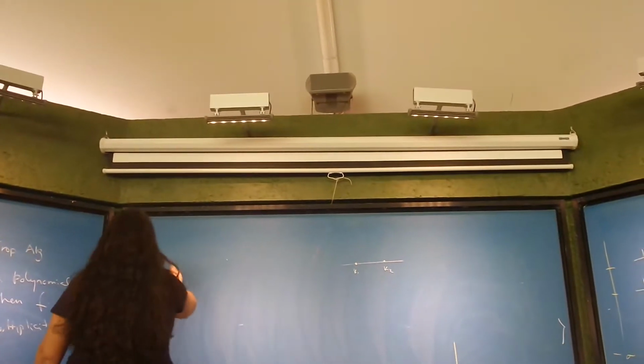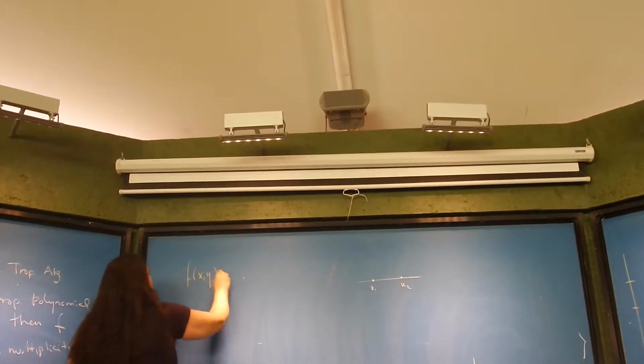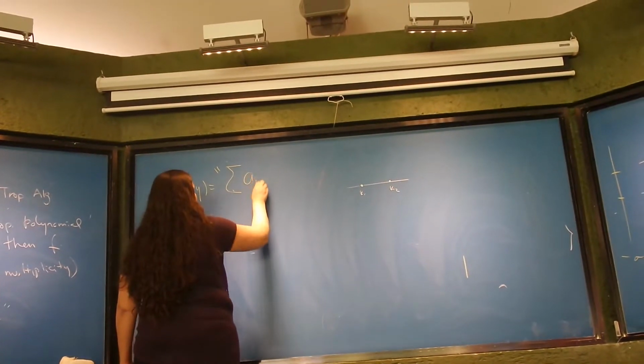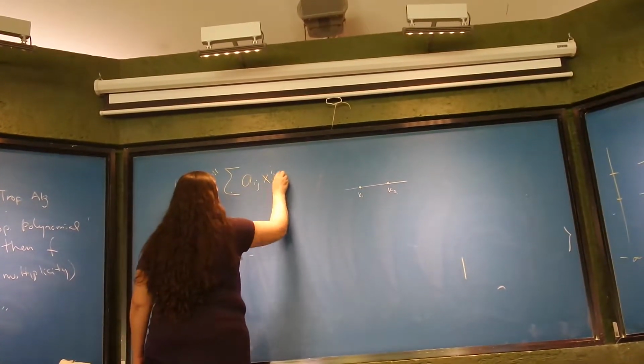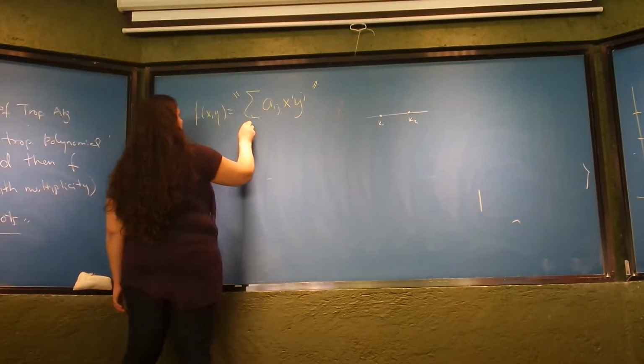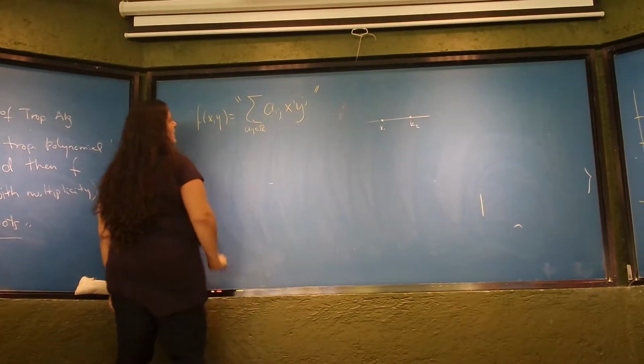Okay. Then if I have a polynomial, and it will be the tropical zone of A, where the A coefficients are real numbers.